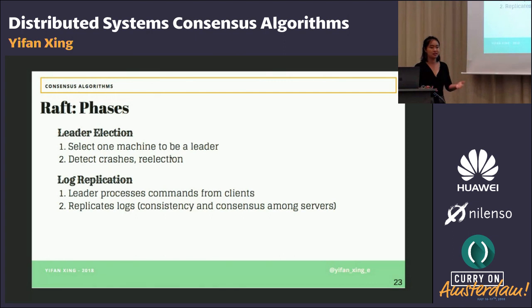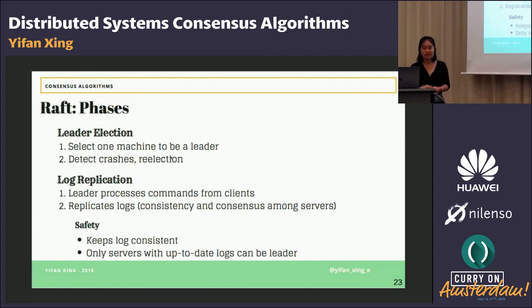And the leader will process the commands from the clients. So as followers, we just always trust the leader. Raft guarantees safety. So it helps to keep the log consistent during election processes and also during log replication processes. We'll look at examples later to see how it really works.